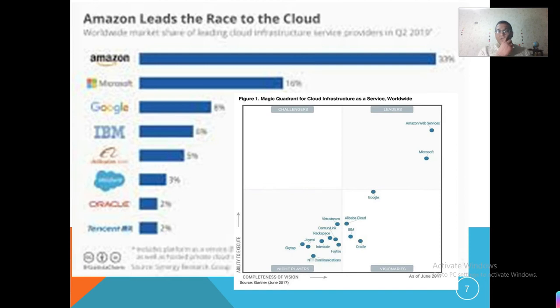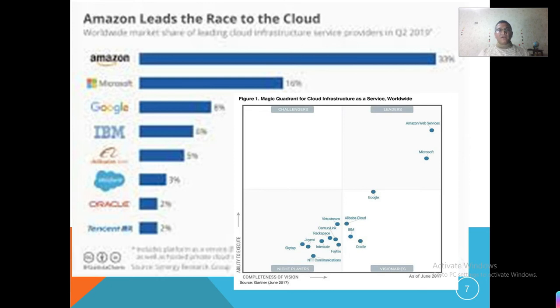Now if you look at the providers, who is leading in the market? As the cloud has become a need of the business, businesses are moving to the cloud. Definitely when there is a demand, we also need to provide a supply. So many cloud providers have come into the market. The leading among all the providers is Amazon, that is Amazon Web Services, we call it AWS.